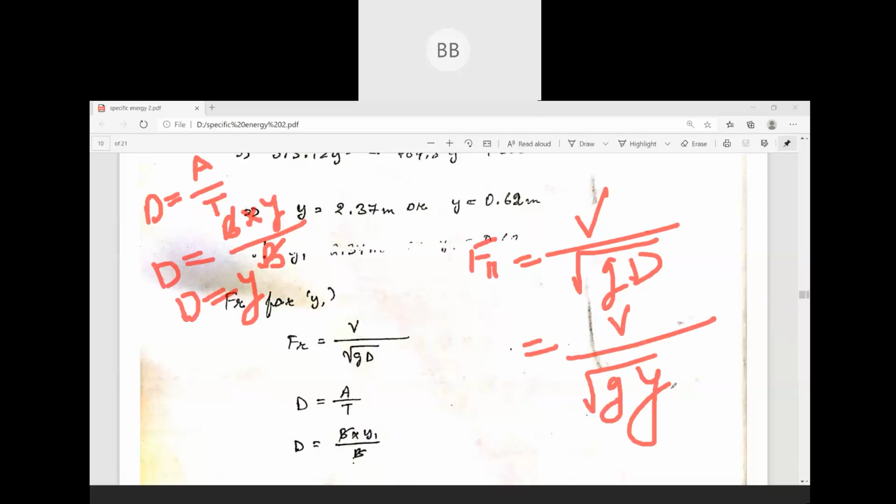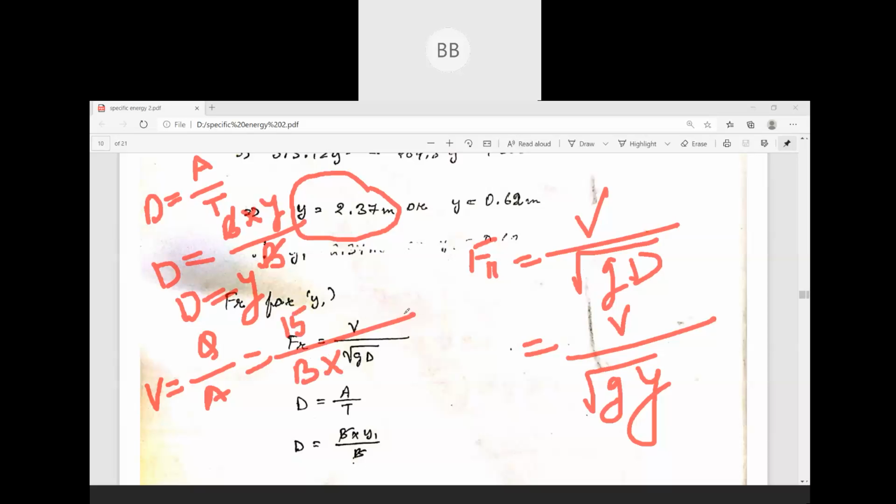So this will be V over root of g y. Now if we want to find the Froude number for the subcritical flow, in place of this y we are going to substitute 2.37. We don't have velocity, so in place of velocity we write Q by area. Q is given as 15, and area is again B multiplied by y, where y is again 2.37.